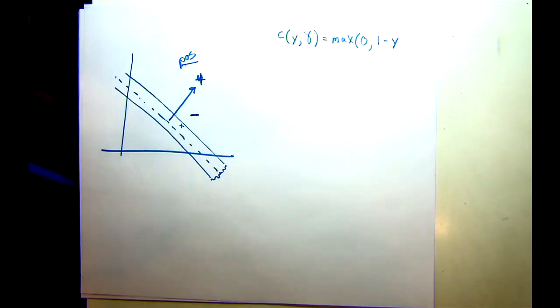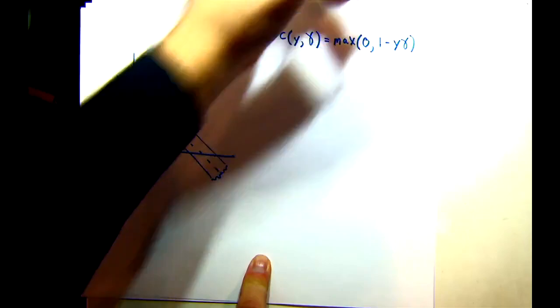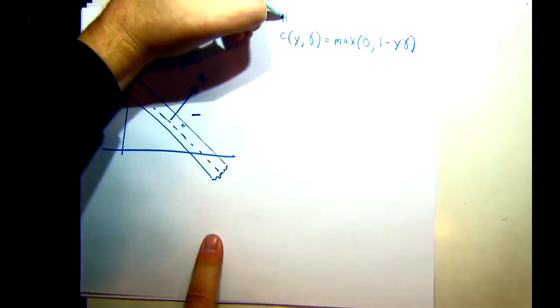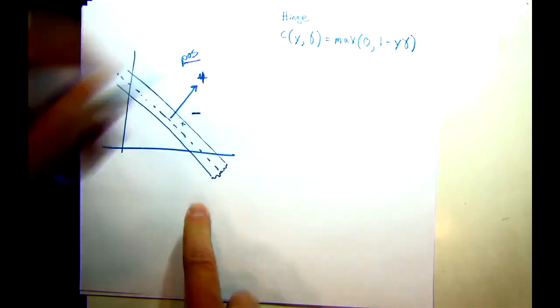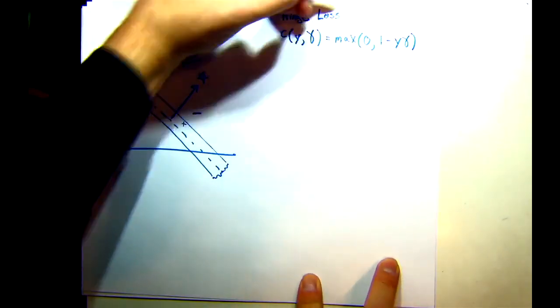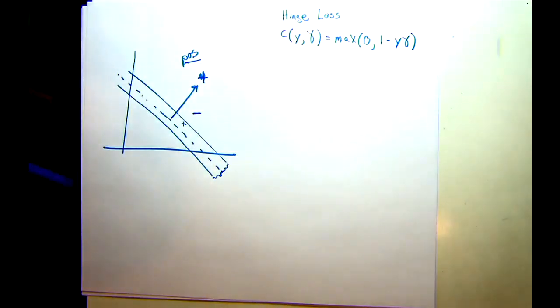Remember, y is the label, an integer of 1 or negative 1. So this is something called a hinge loss. And even though we've been calling them costs here, they're often called losses.